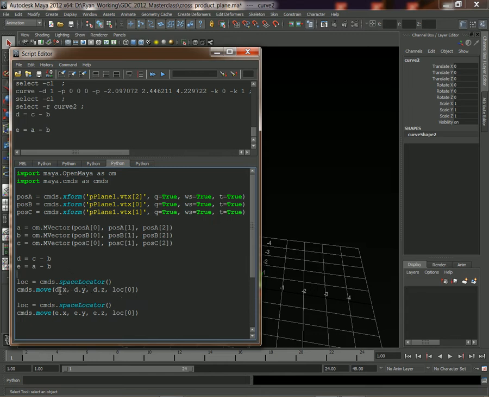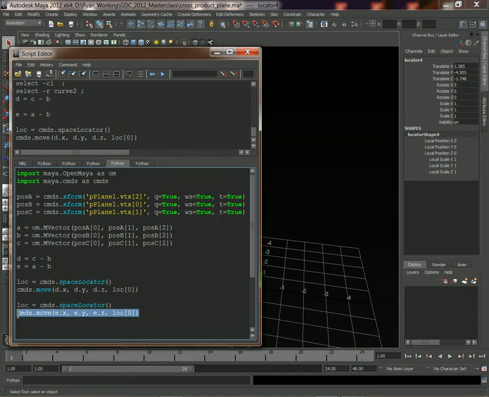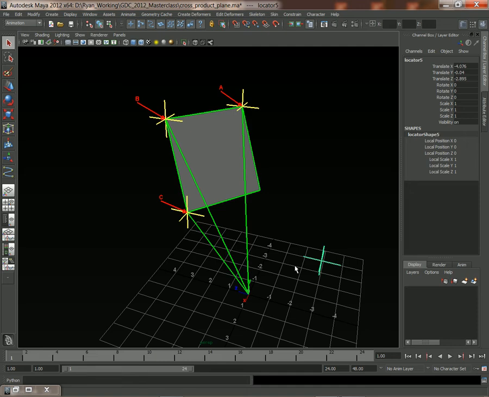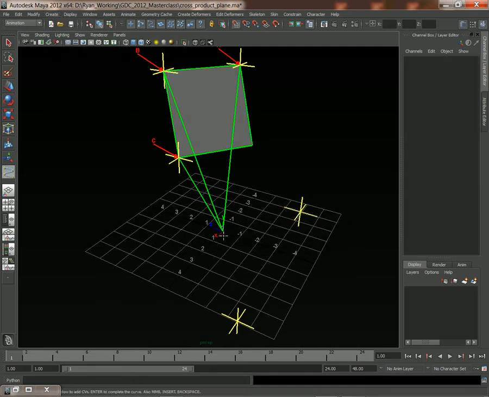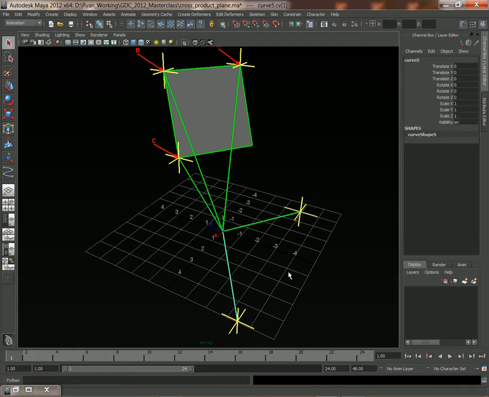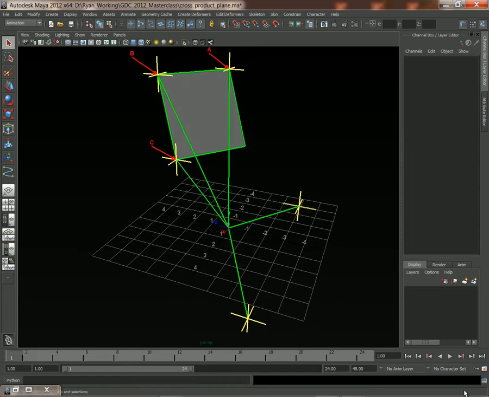And what that will give us is this position here and this position here. So just create some locators at those spots and draw splines between those. So now we have these vectors visualized.